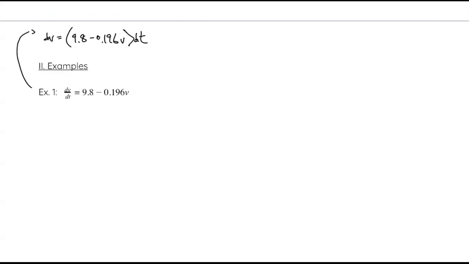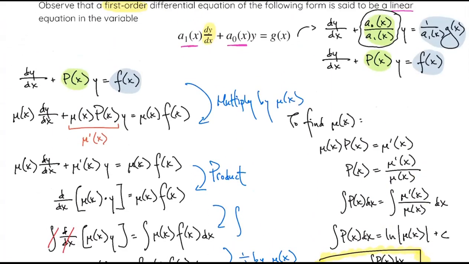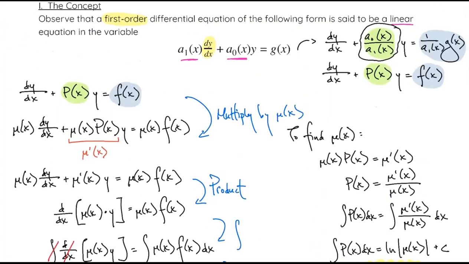When we're looking at this different technique, we want to match the format that we had above. If we go back up here, what we want to find is something of this form: dy/dx plus p of x times y equals f of x.